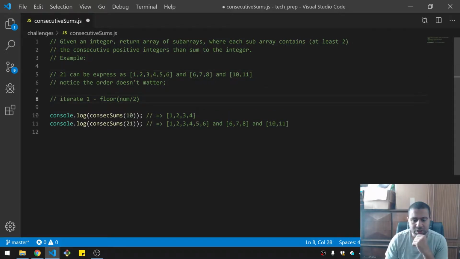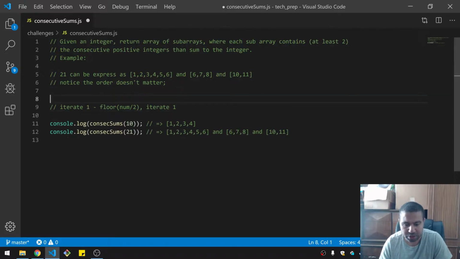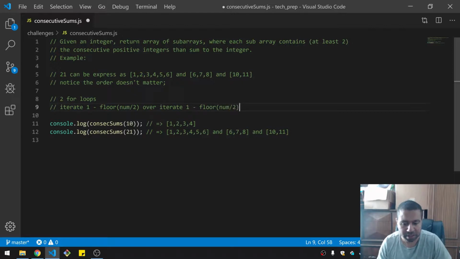You can just keep iterating. So there's like 2 for loops, iterating 1 through floor num divided by 2 again, I guess.